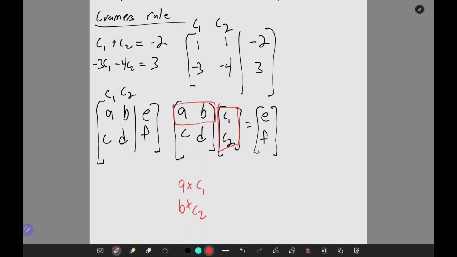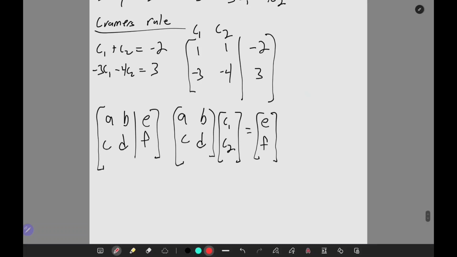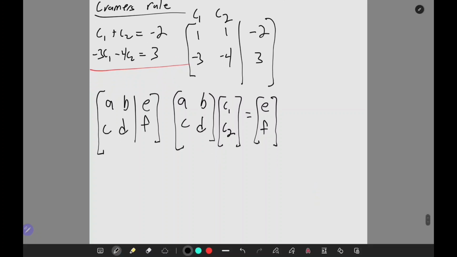So you do A with C1 and B with C2. So that's where that C1, C2 column comes from over there. If you know how to multiply matrices together, then you know what I'm talking about. If not, that's okay. Honestly, you can skip all this and just stick with this. As long as you got to here, what I'm about to show you next will make some sense.